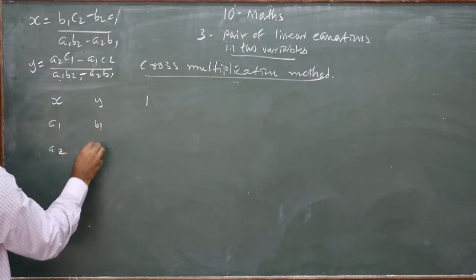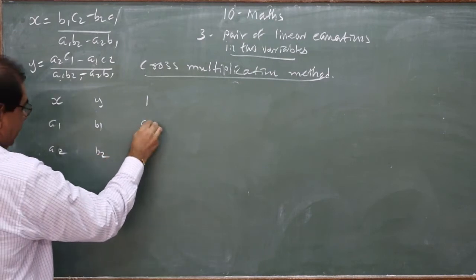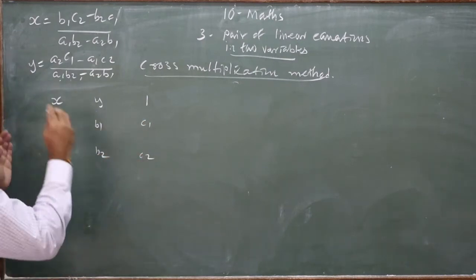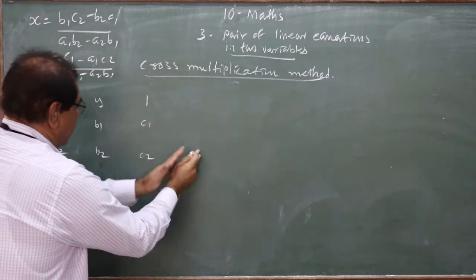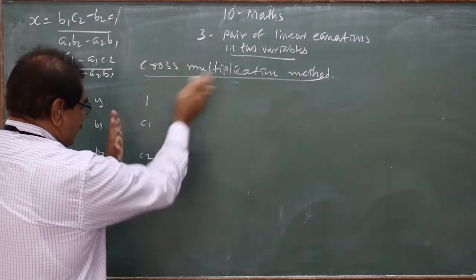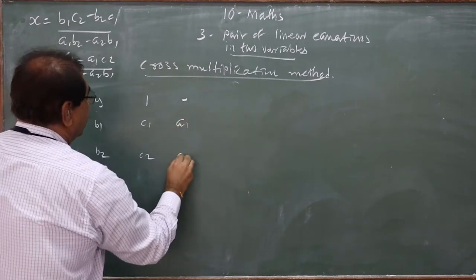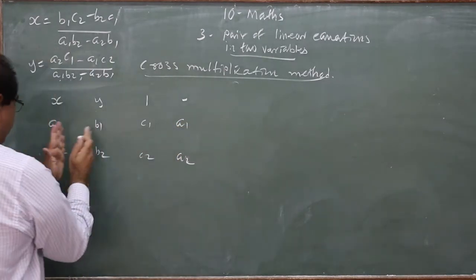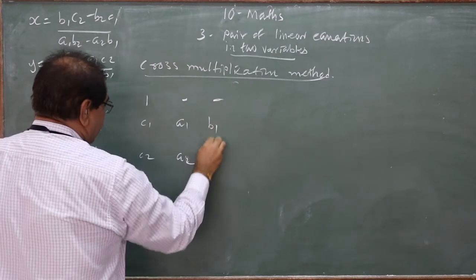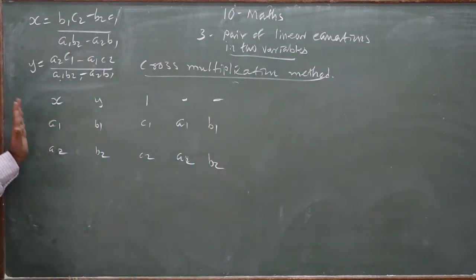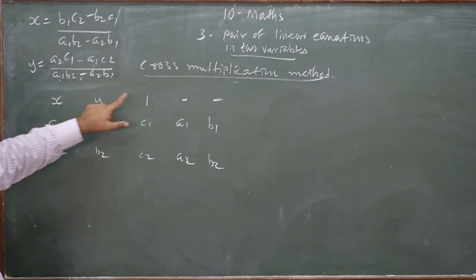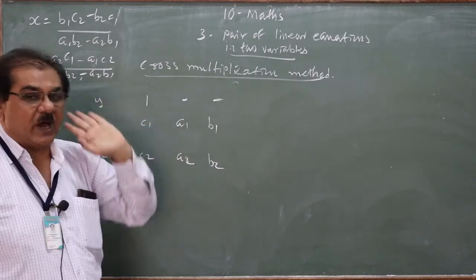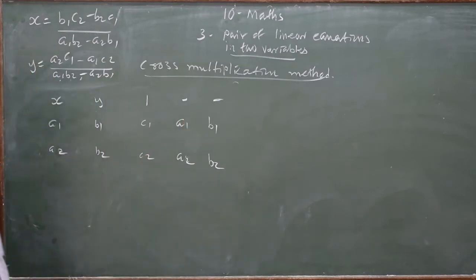Here b1, b2. Here c1, c2. I make two extra columns in the cycle: a1, b1, c1, then again a1, a2, after a1 it is b1, b2. So actually I have got 5 columns. The first 3 I have given the names x, y and 1, and the next 2 are without names. This way 5 columns are made.